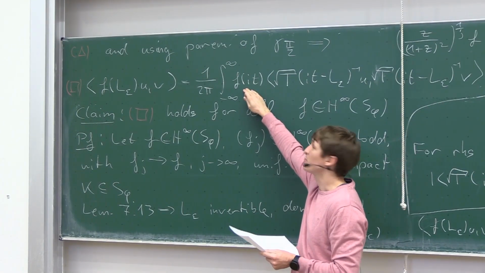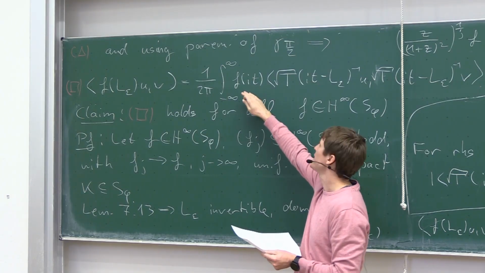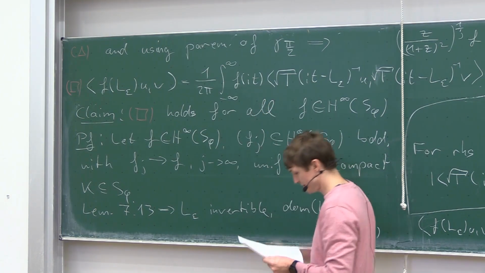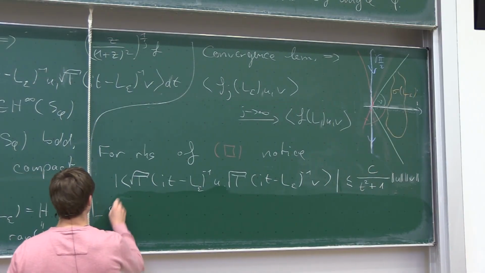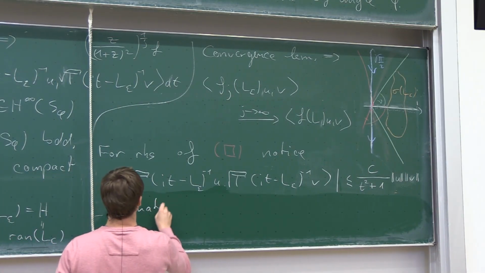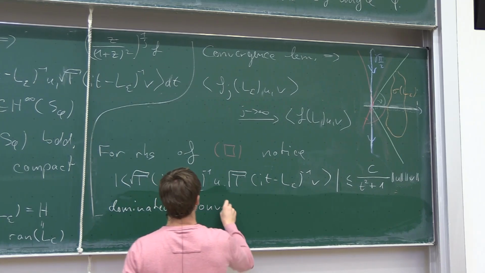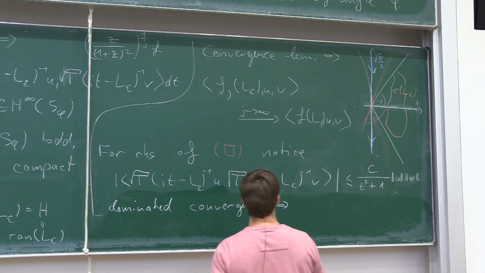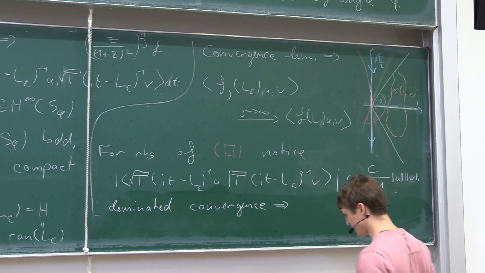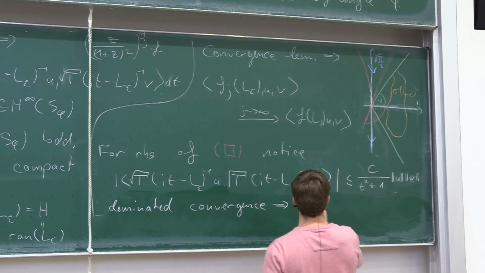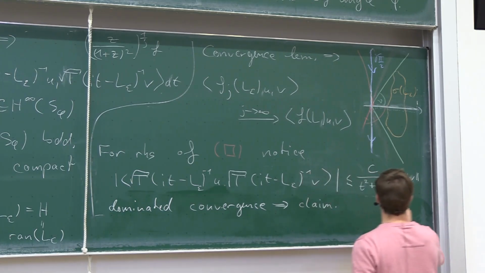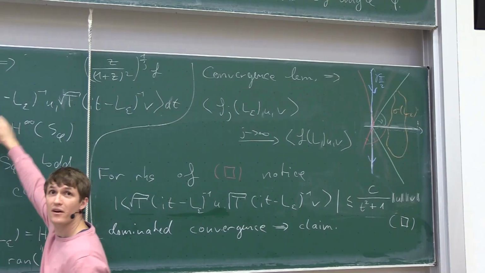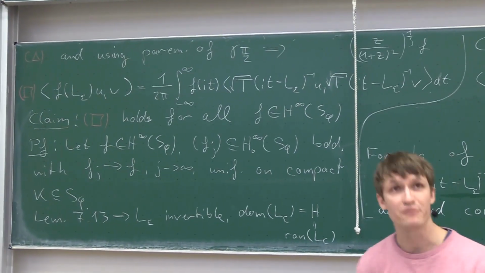And they converge pointwise to f, so by the dominated convergence theorem we can indeed also take the limit j to infinity on the right-hand side, and this is exactly the claim, namely that this identity square also holds for all H infinity functions f.